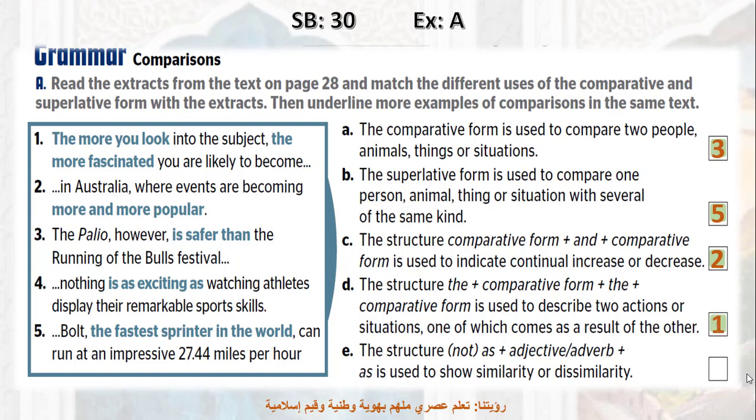D with 1: the structure the plus comparative form plus the plus comparative form is used to describe two actions or situations, one of which comes as a result of the other. The last one, E, with number 4: the structure not as plus adjective or adverb plus as is used to show similarity or dissimilarity.